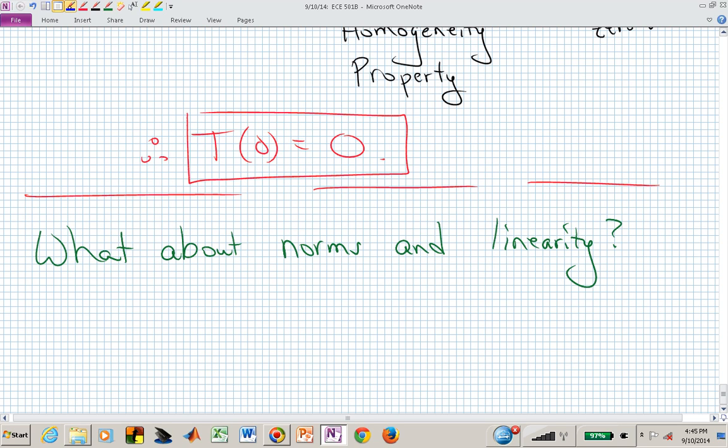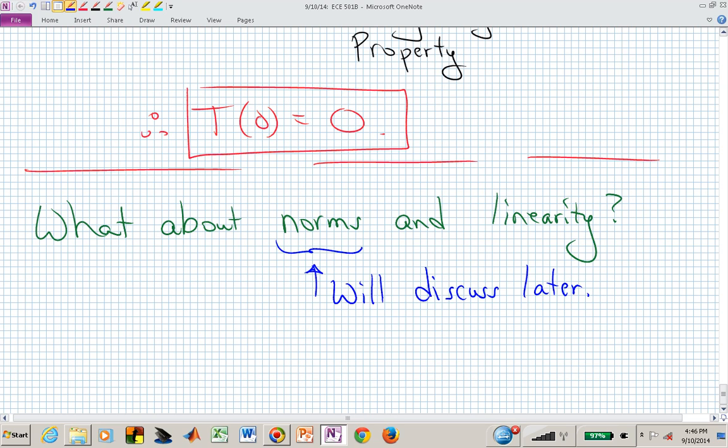We haven't discussed norms yet, which are useful for sort of discussing lengths. We haven't talked about lengths of vectors. We'll talk about that later, but we'll just define them now and see if they are linear.